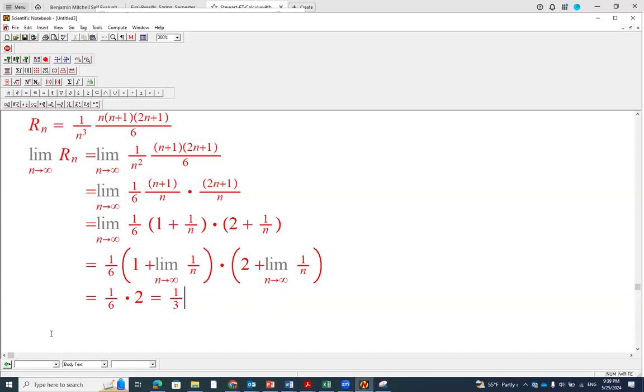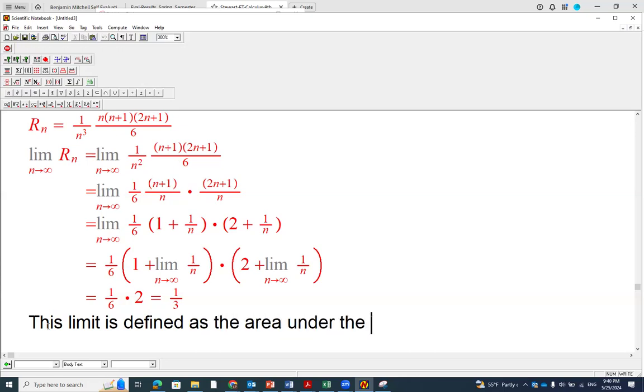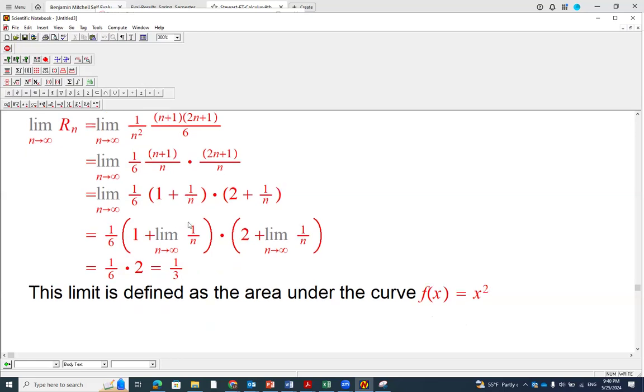And this limit is defined as the area under this curve, and this curve, of course, is f of x equals x squared. So recall the steps, right? What have we done?